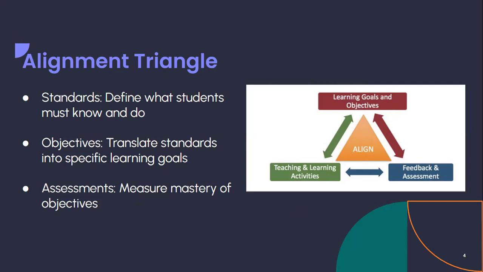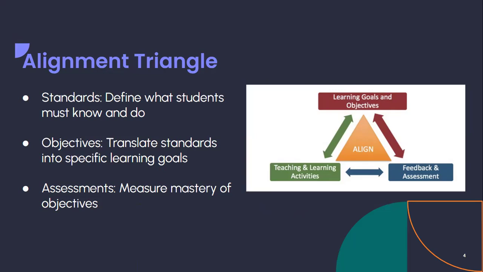The standards are your learning goals and your objectives. So in the image at right, it's going to be at the top, that red, the learning goals and objectives. Those objectives and assessments should be directly tied together.